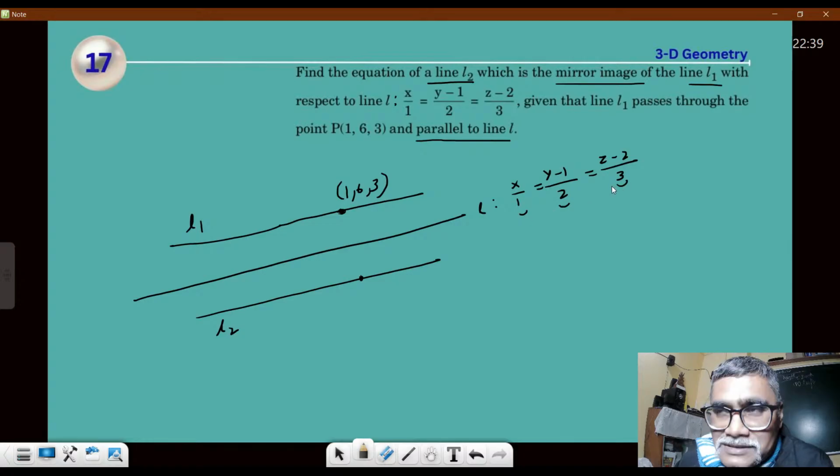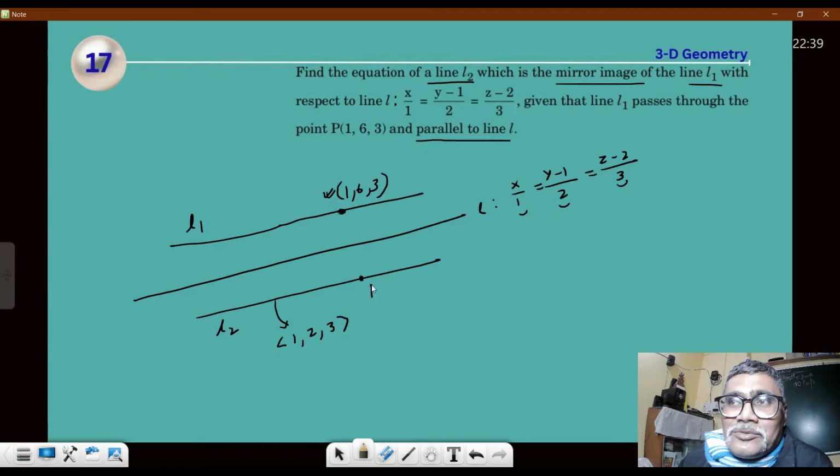One part is finished. What I need to know is only a point here on this line. So what does it mean? Indirectly, you have to find the image of this point with respect to this line, then you will get this point. You know the direction ratios of this line to be 1, 2, 3.